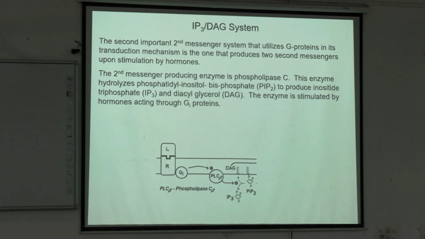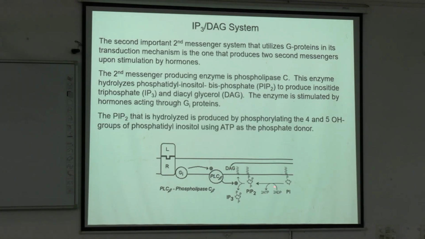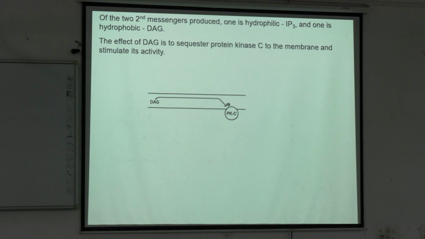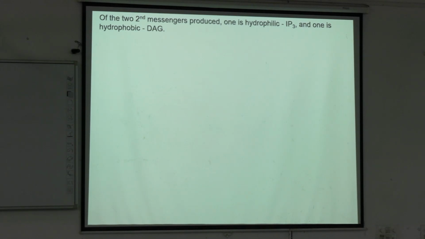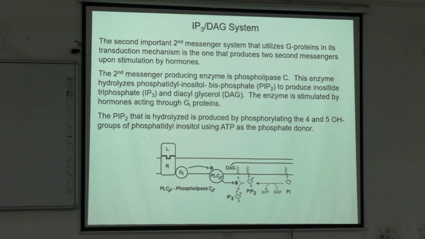Diacylglycerol, being lipophilic, travels within the membrane. PIP2 can be regenerated by phosphorylation. Where does this DAG go? Write this down, draw the picture or take a photo.